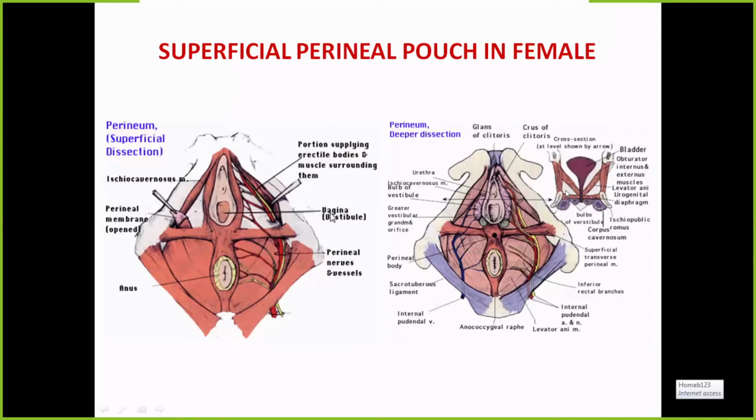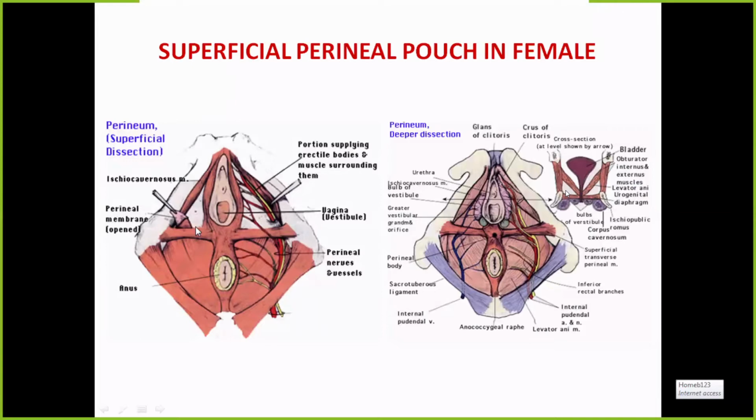So the urogenital triangle, the diaphragm, these are the muscles inferior to the pelvic floor. So below the pelvic floor is the urogenital triangle. The urogenital triangle consists of the superficial perineal pouch and the deep perineal pouch. The superficial perineal pouch consists of the ischiocavernosus, bulbospongiosus and superficial transverse perineal muscles.